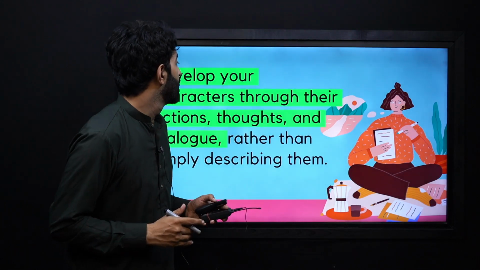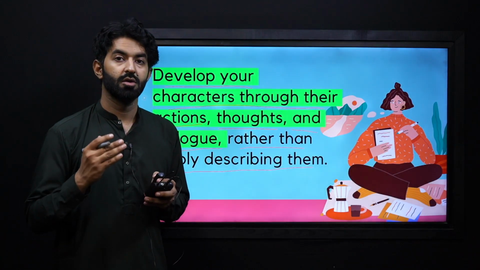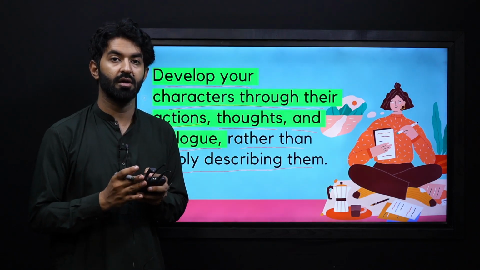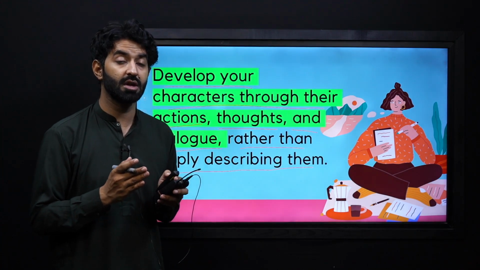Now, the next one is to develop your characters through their actions, thoughts, and dialogues rather than simply describing them. You will be using the traits of the characters if you're writing anything in the fictional form of descriptive writing.